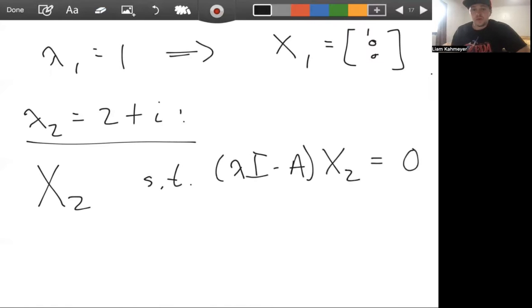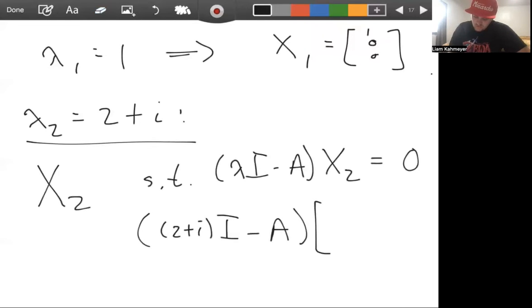But we're looking at a complex eigenvalue, so we have 2 plus i times capital I minus A times, and let's write x2 as x sub 1, x sub 2, x sub 3, and this is equal to 0, 0, 0.